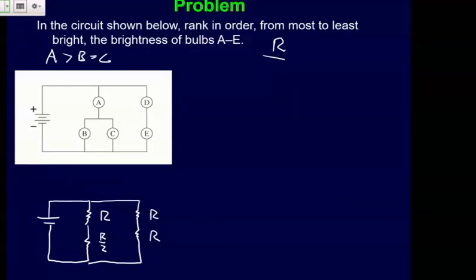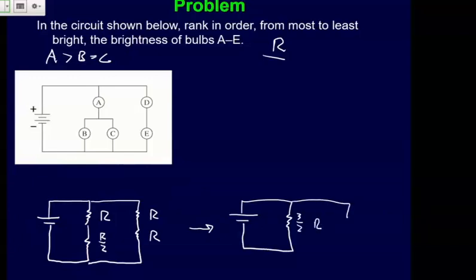There's something, and then what you can do is break that down even a little bit further and make a picture like this. Okay, so now these guys are in series. So in series, this would be 3/2 R, and this one over here would be 2R. All right?